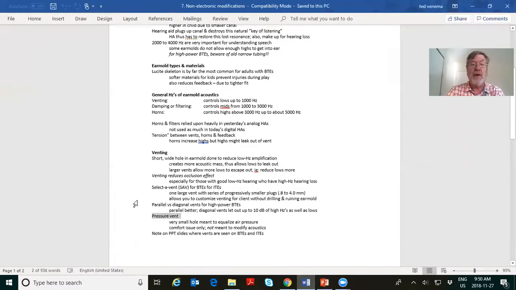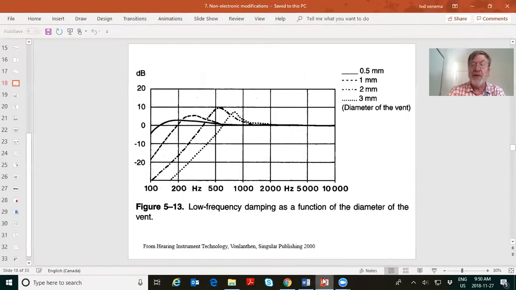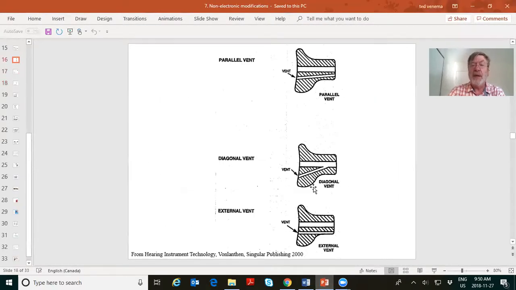It talks about parallel versus diagonal vents. All that means is in the old days when people made diagonal vents, they don't work as well as parallel vents on the top. But again, this particular PowerPoint slide only refers to hearing aids that look like these, because only these have ear molds.